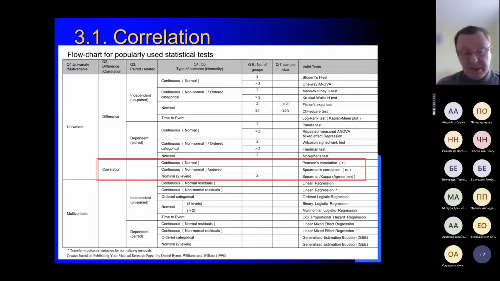So if you check this flowchart, you will see even the methods we considered last time about hypothesis testing, and they ought to be considered together, depending on the number of variables, depending on the distribution type, and depending on the goal we want to achieve. So here is where correlation is placed within all statistical methods.